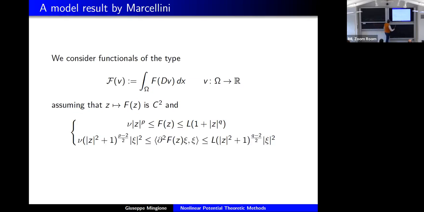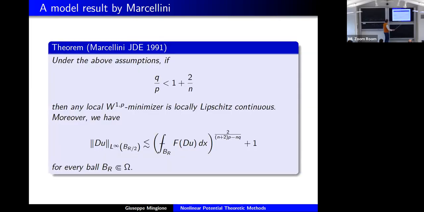Let me just give a model result by Marcellini, but this is just a model. Non-degenerate for simplicity. So this grows like p, this grows like q minus 2. The ratio therefore grows like q minus p. And if you have this bound, then you get this estimate. This has been recently improved by several people. But the point is that q over p cannot be too far apart. So the basic condition is q over p bounded like this.